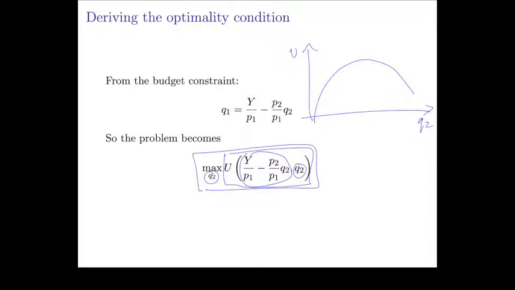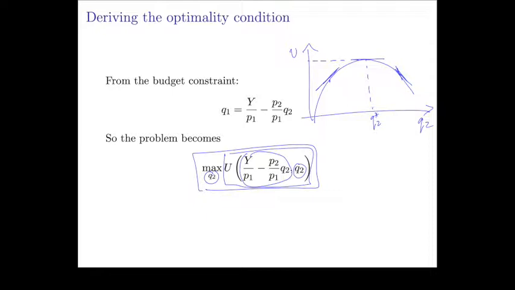Well, the optimal Q2 is here, right? And why is that? It's because at this optimal Q2, the function's flat. The derivative is 0. To the left, the derivative is positive. To the right, the derivative is negative.